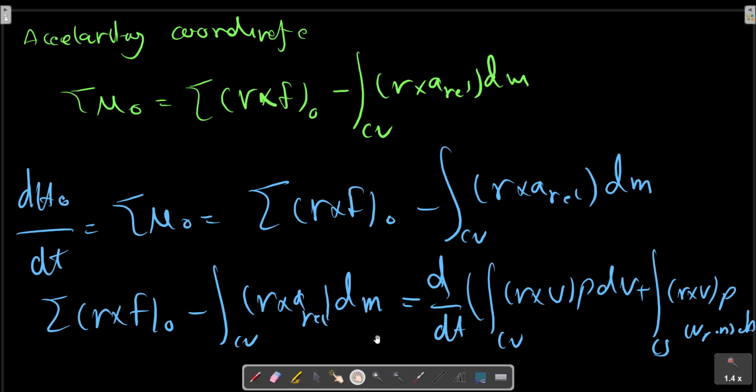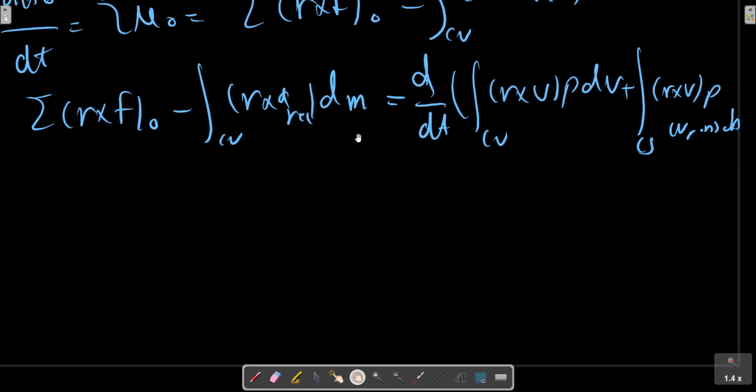This is the relation of the angular momentum in a system.